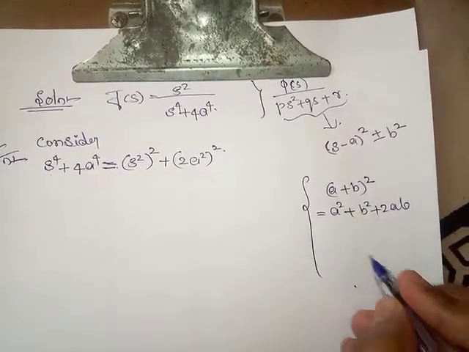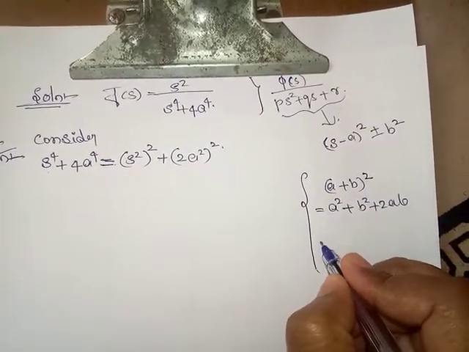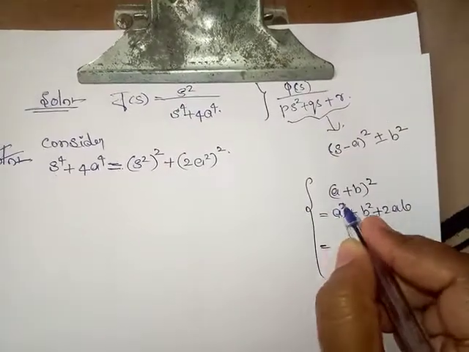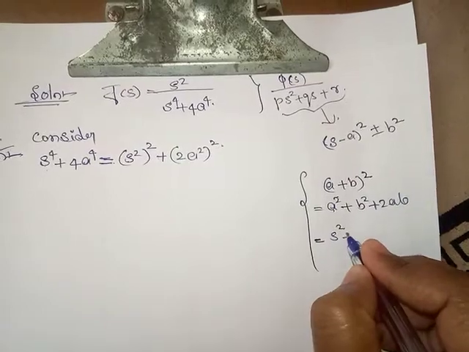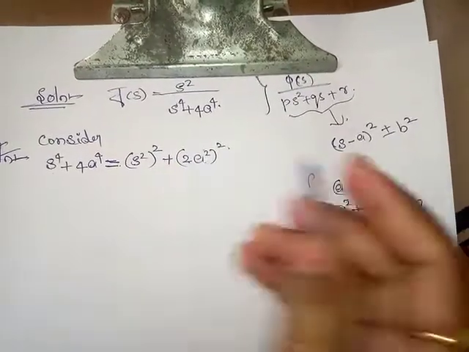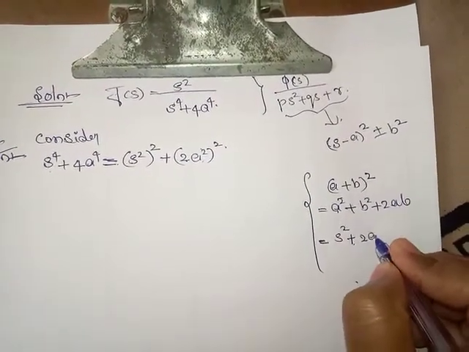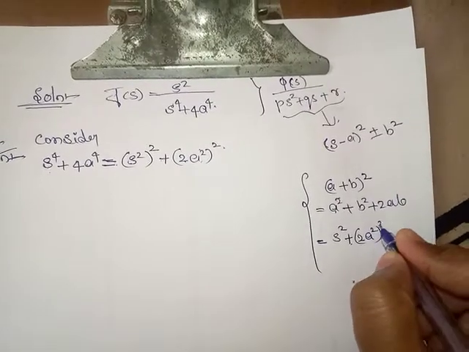Now consider for the given function s square as a, and 2a square as b, therefore it is 2a square whole square.